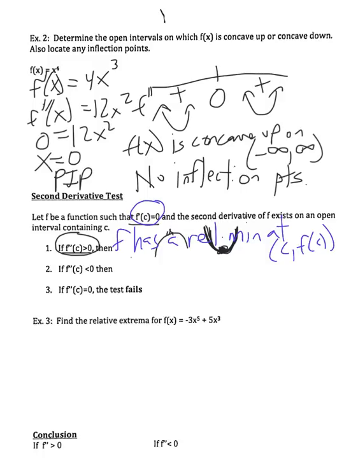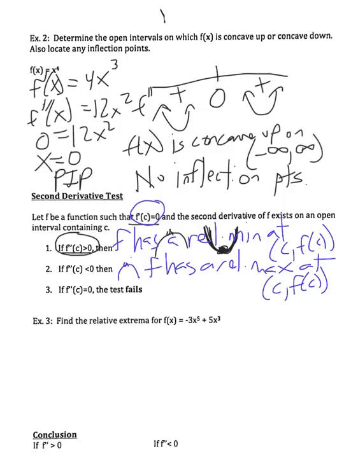And if the second derivative at that x value is positive, then it's a relative min. And if you find a point where the first derivative is 0 and f double prime is less than 0 at that x value, so that would mean concave down, then f has a relative maximum at c, comma, f of c.